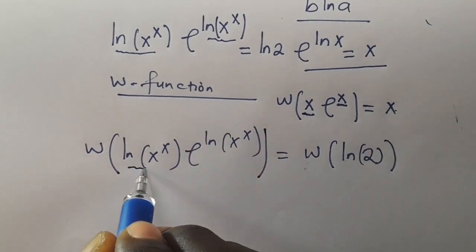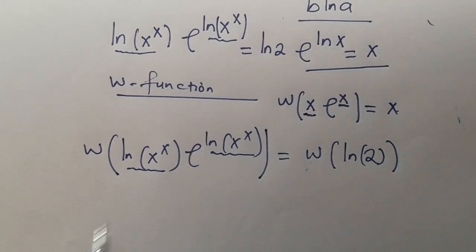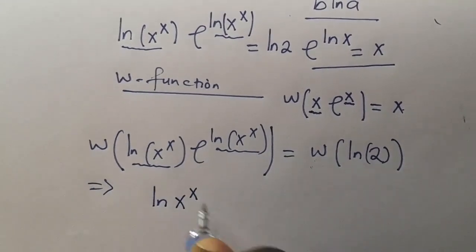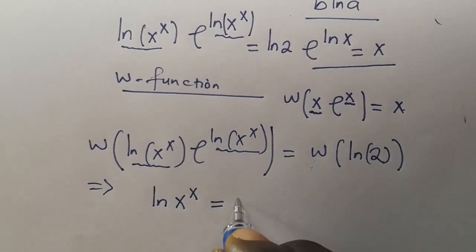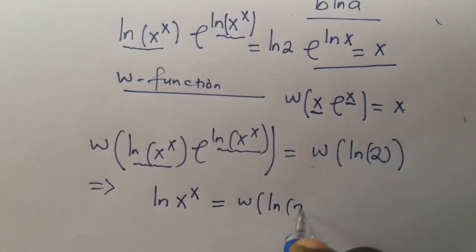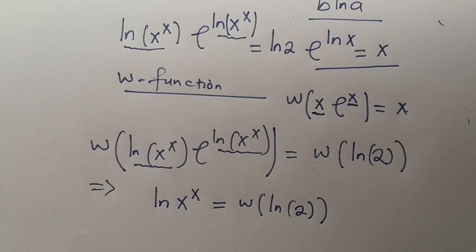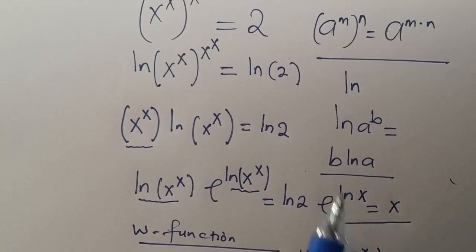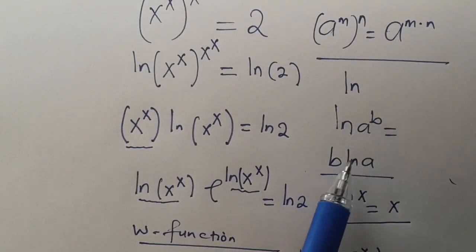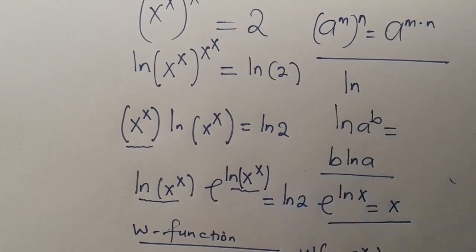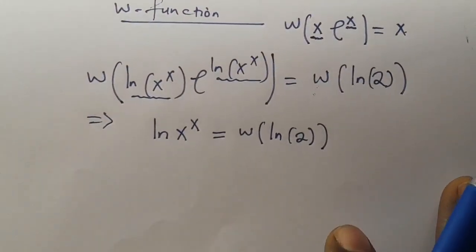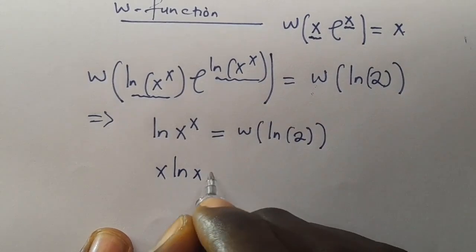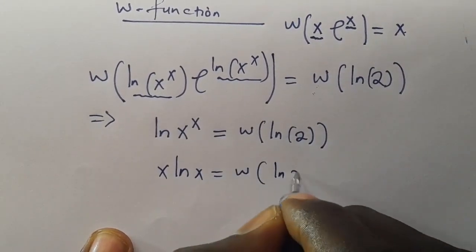That means we are going to have this back because they are the same, which implies that ln x raised to power x would be equals W of ln 2. And so therefore we can apply this expression here. That is, when you have ln of a raised to power b, this can be written as b ln a. So we are going to have x ln x equals W of ln 2.